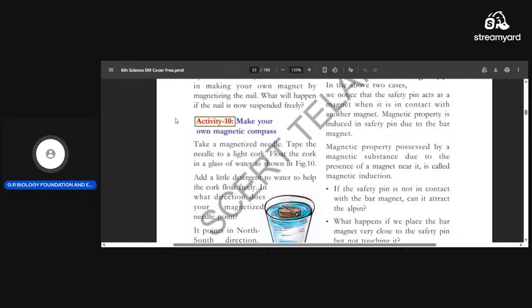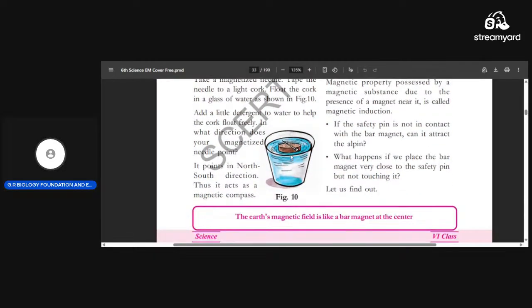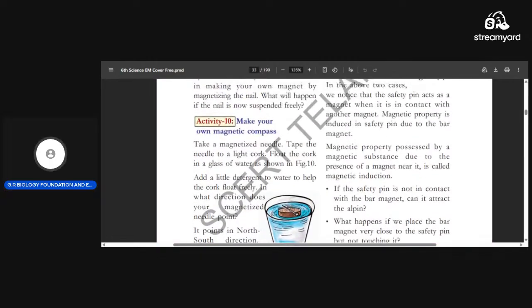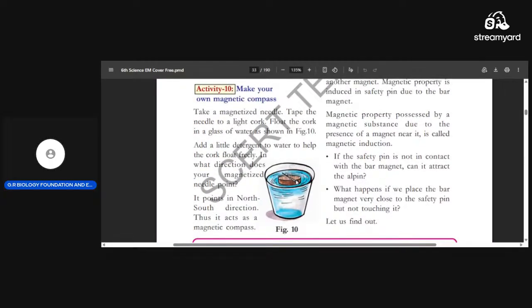Make your own magnetic compass. You have to take a bucket of water. Take one thermocol sheet, and keep this nail with the colored mark on the thermocol sheet, and place tape on it without falling inside, and add some detergent inside the water to move freely. Stir it and leave it.